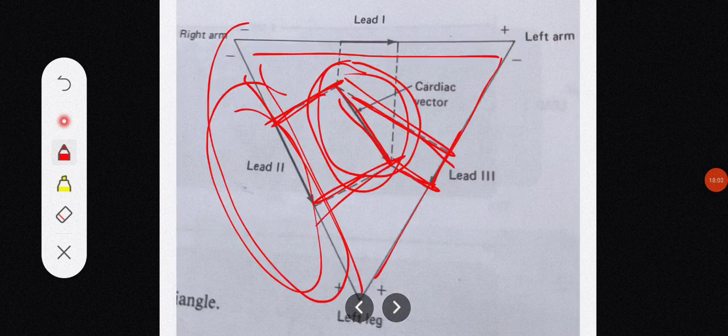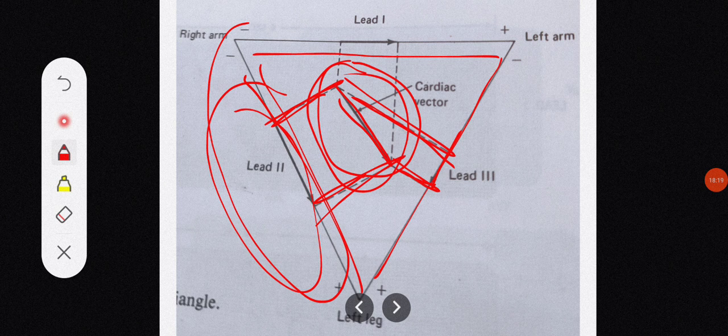In this way we will take all the lead combinations and use them for analysis, because some traces will give you a clearer representation, some traces a slightly unclear representation.